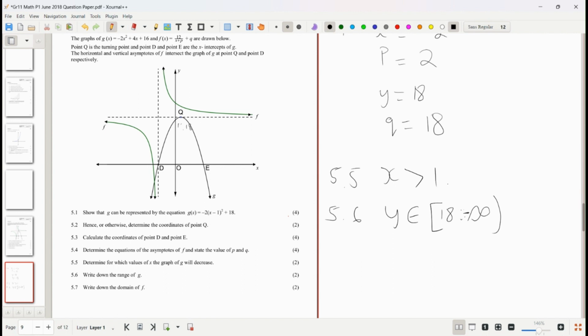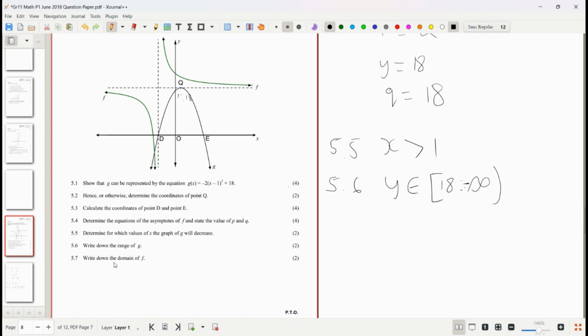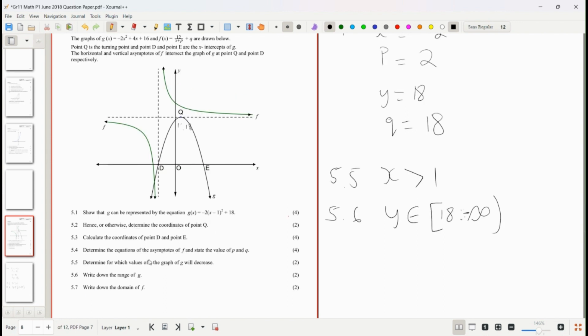So moving forward, they ask us to write down the domain of f. What is the domain? The domain refers to the x values.